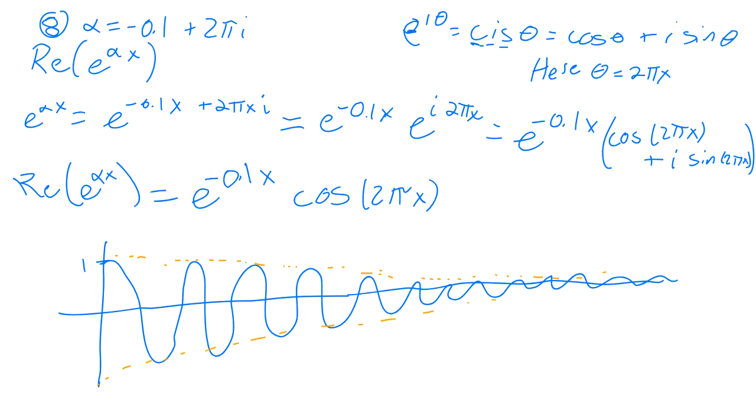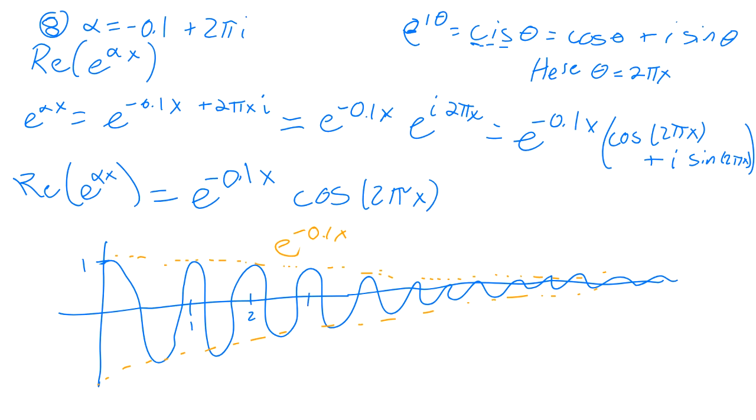That curve is e to the minus 0.1 x. I chose to draw it like this for a couple reasons. First of all, we know that this is 1, and that is 2, because it's cosine of 2 pi x.